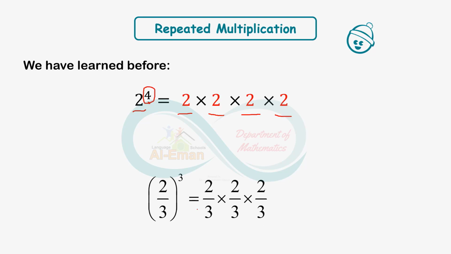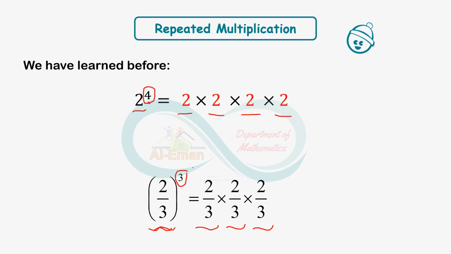Also, if we have a rational number that contains a fraction, like 2 over 3 in our case, all to the power 3, it means that the base, which is our rational number 2 over 3, is multiplied by itself 3 times: 2 over 3 times 2 over 3 times 2 over 3.